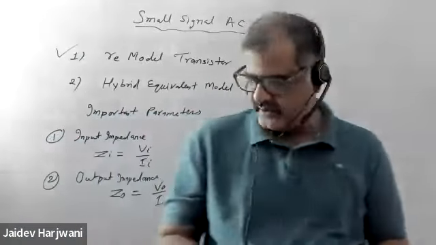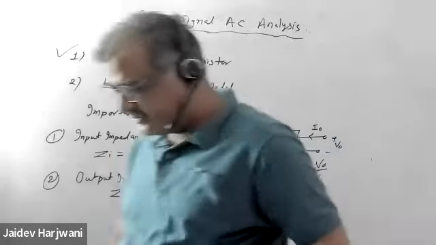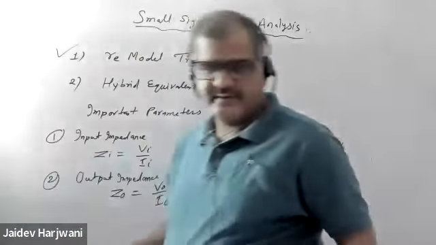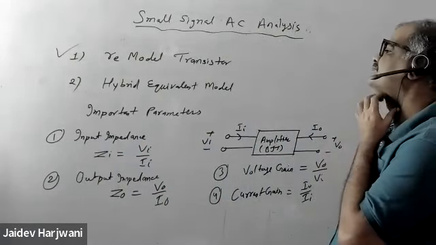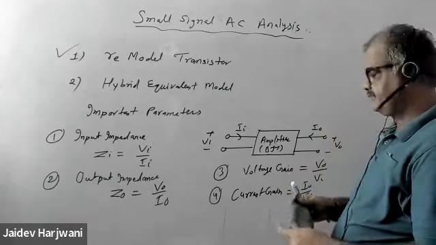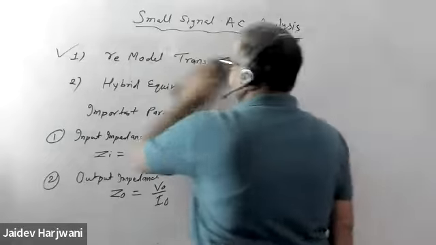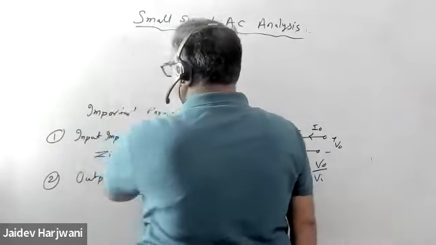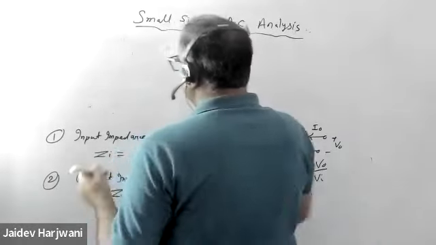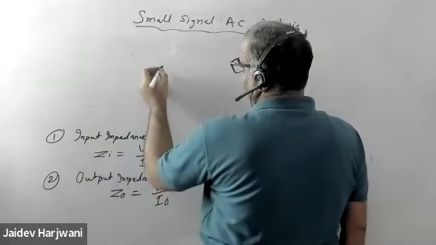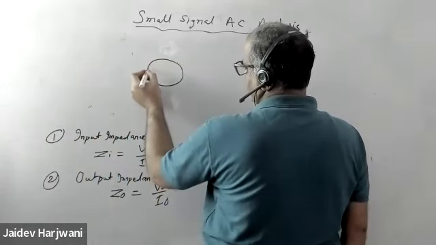Now I'll take the common base configuration first and replace it by an equivalent model. For example, I have a PNP transistor in common base.